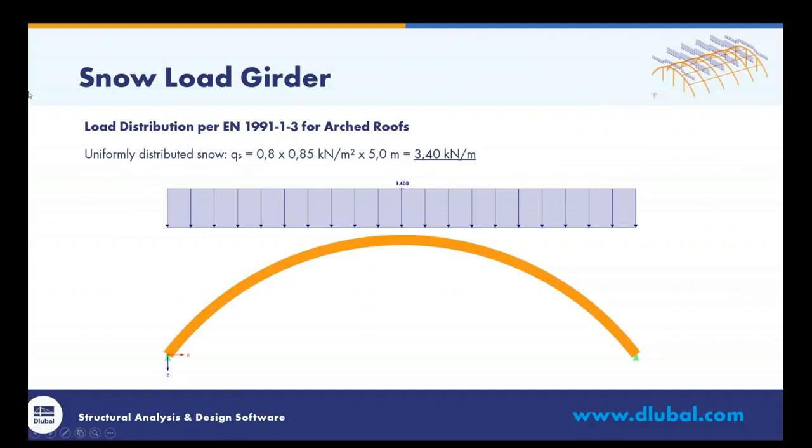I'll just show you again on the PowerPoint presentation. So we have a uniformly distributed load according to Eurocode for arched roofs, and this adds up to 3.4 kilonewtons per meter.